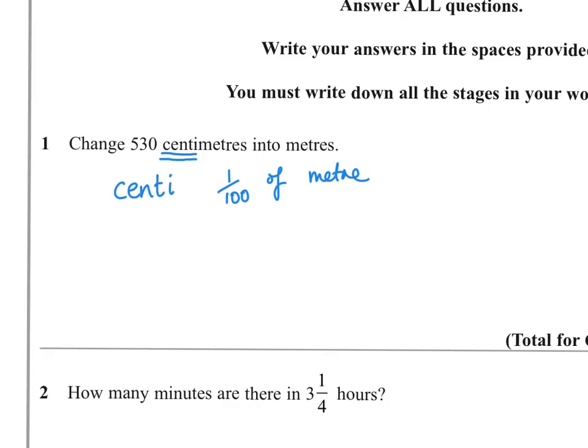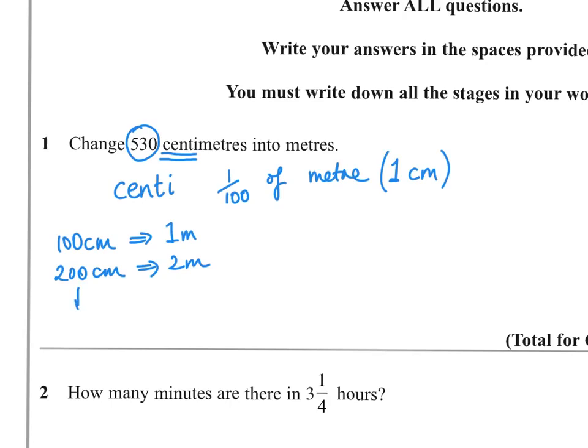So if you think 1/100th of a metre is 1 centimetre, then what would 530 centimetres be? Well, if 100 centimetres gives you 1 metre, then 200 would be 2 metres, and so on, up to say 500 centimetres, that would give you 5 metres.